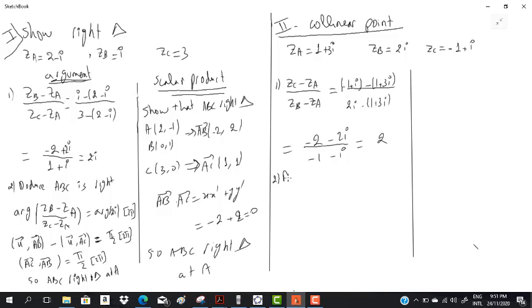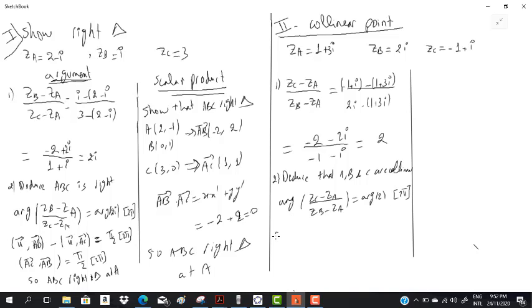If he says deduce that A, B, and C are collinear, you can use the argument of the fraction (ZC minus ZA) over (ZB minus ZA), which equals the argument of 2, of course, modulus 2 pi.